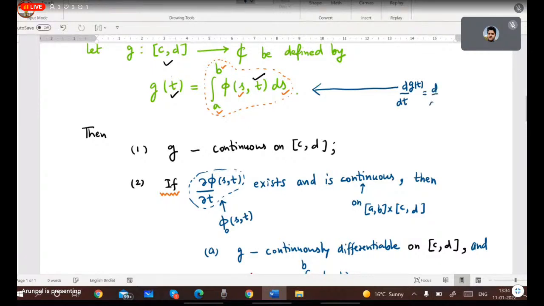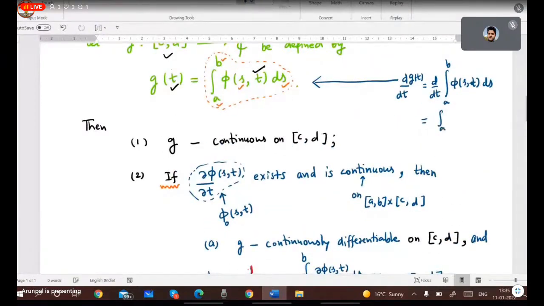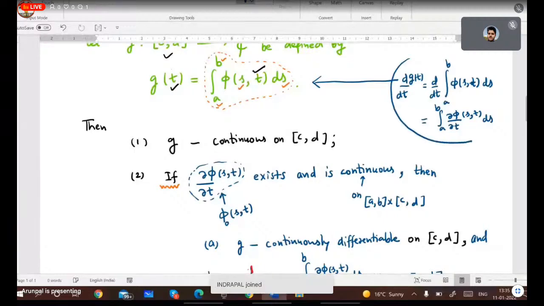So it means we have taken the derivative of this integral. Is this okay, class? And basically we will be showing in this part B that actually this is nothing but you simply take the partial derivative of the integrand with respect to t. So this is differentiation under the integral sign. Is this okay, class? Yes, sir.